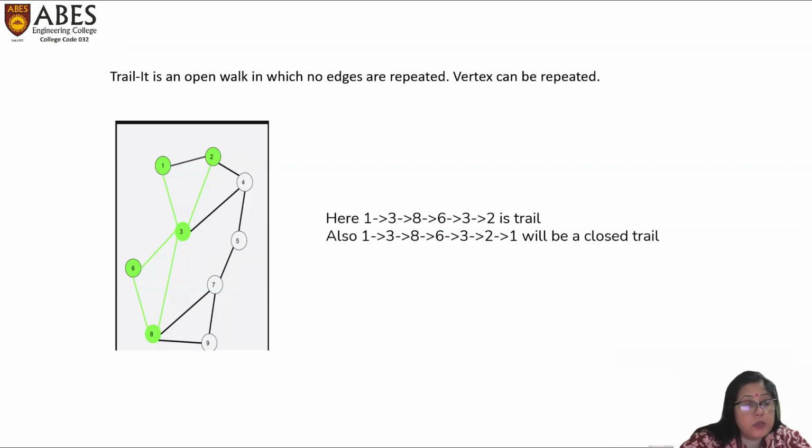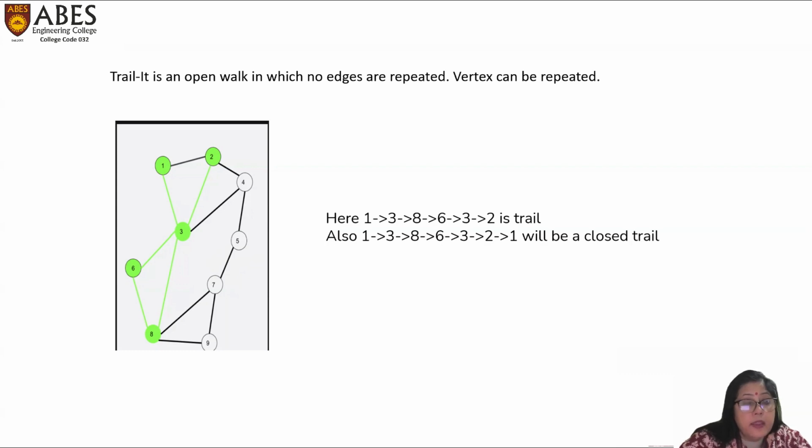Now, what is a closed trail? Whenever we start from a vertex and at the end go back to the same vertex, it is called a closed trail. Again, in this closed trail, the vertices are repeated and edges are not repeated.